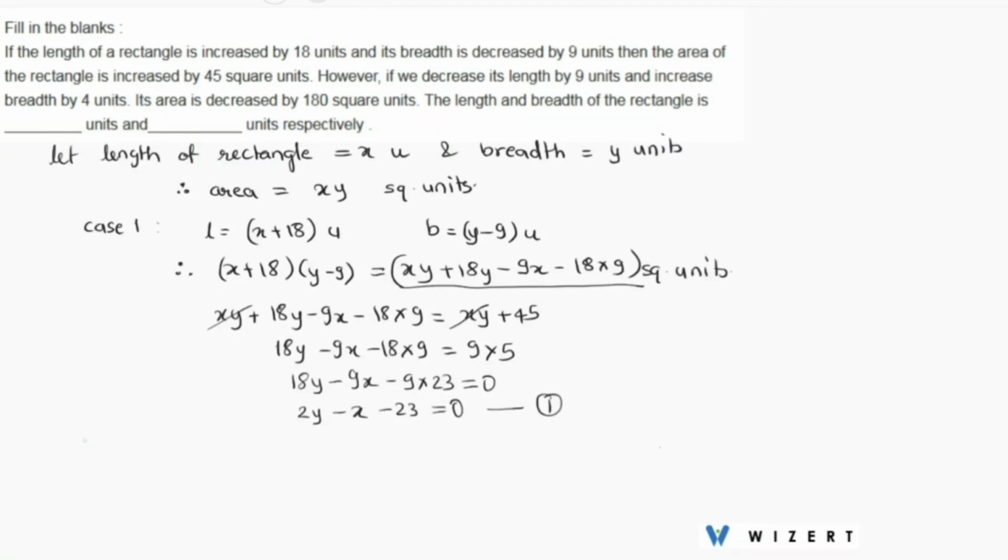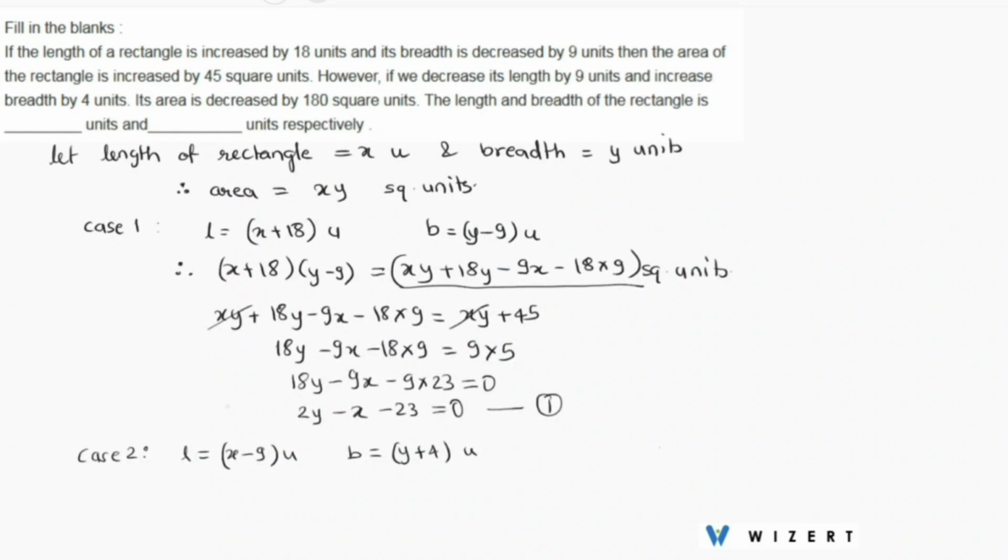Now from case 2, what do we get? Length is decreased by 9 units, so x minus 9, and breadth is increased by 4 units, so y plus 4.